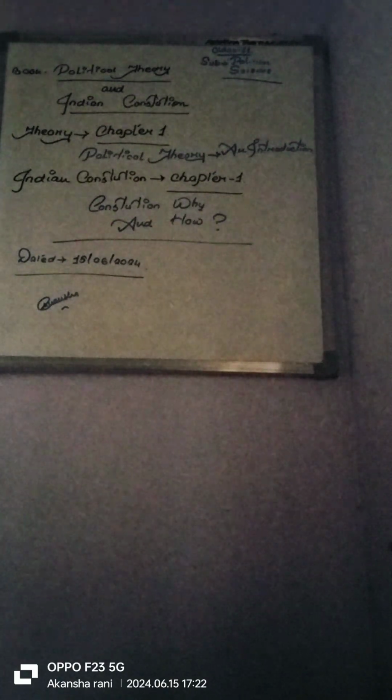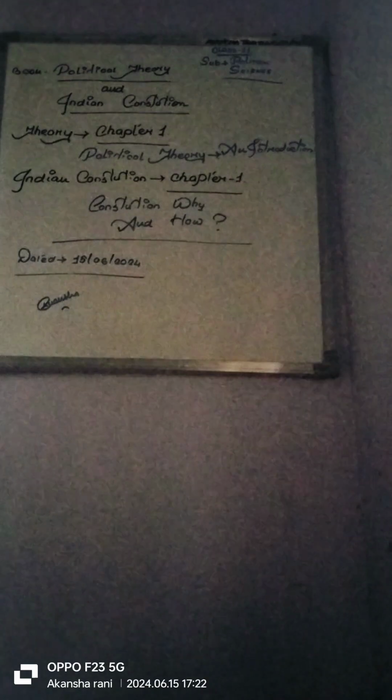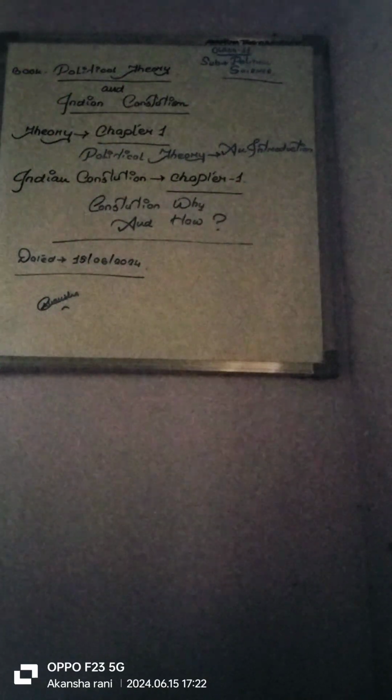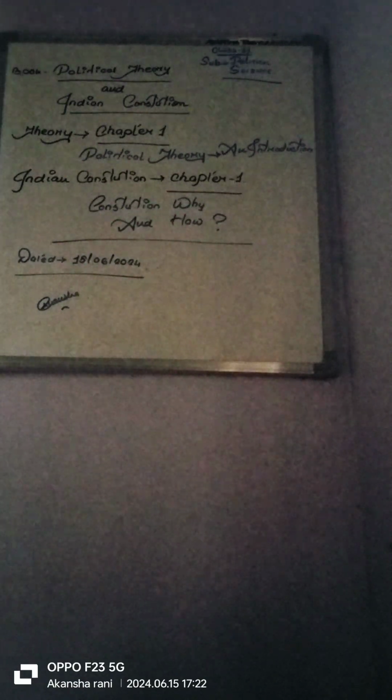Now, what is the preamble and the importance of the preamble? It is a great introduction to the Constitution. It underlines the main objectives which the Constitution is intended to achieve.